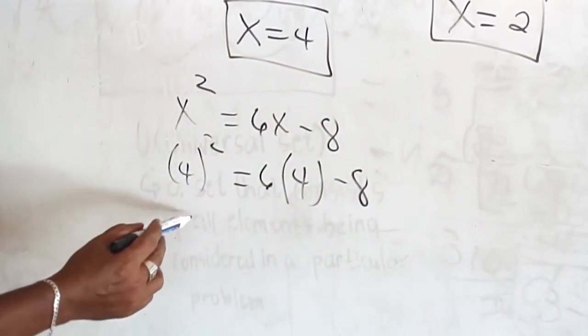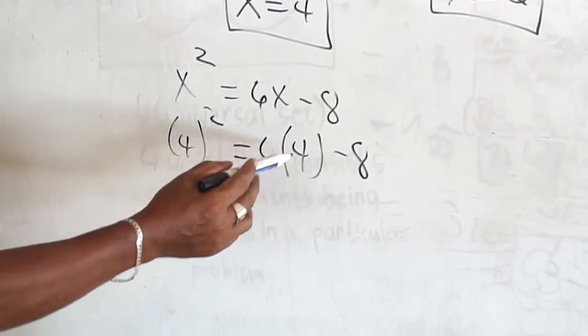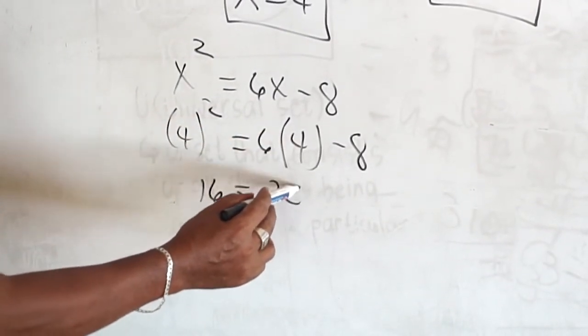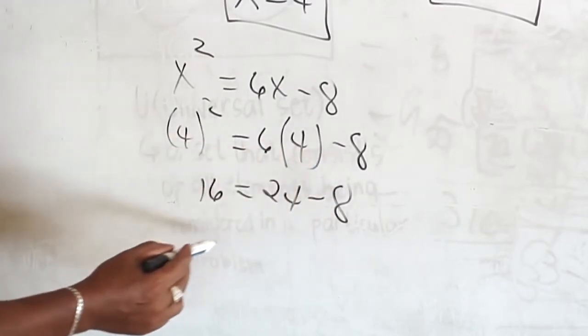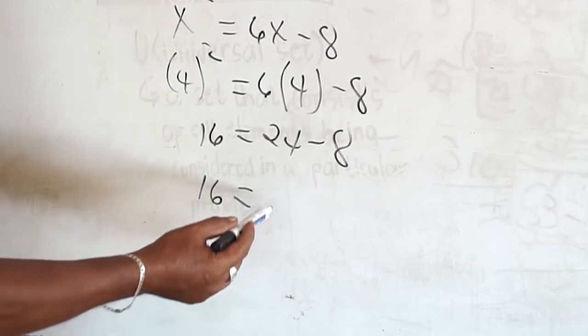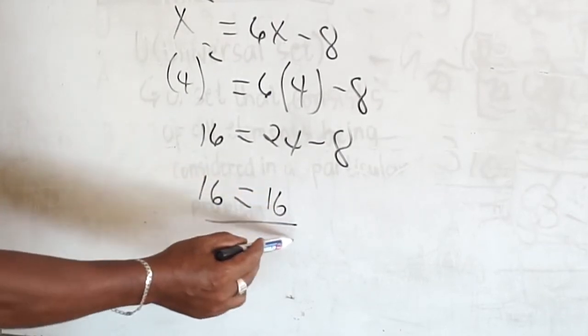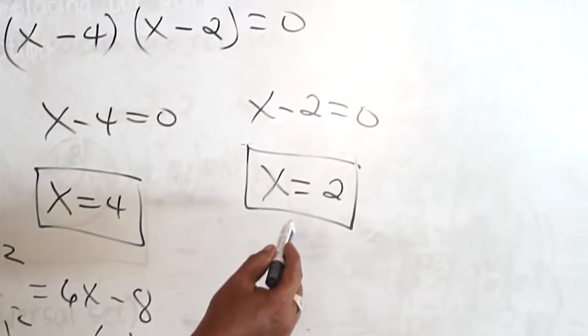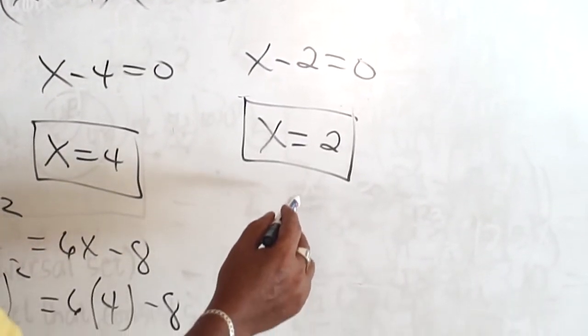The square of 4 is 16. Then 4 times 6 is 24, minus 8. So we have 16 equals 24 minus 8, which is 16. So they are equal.